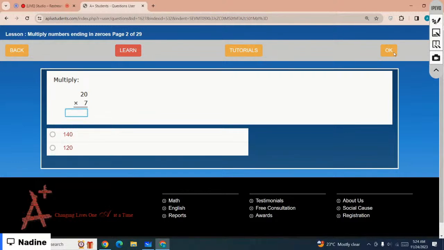The correct option is 7 times 2 equals 14, so 140 is the correct option.